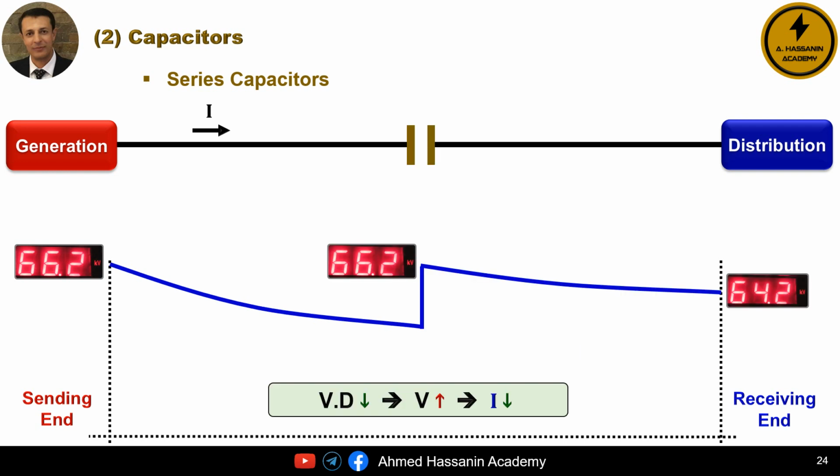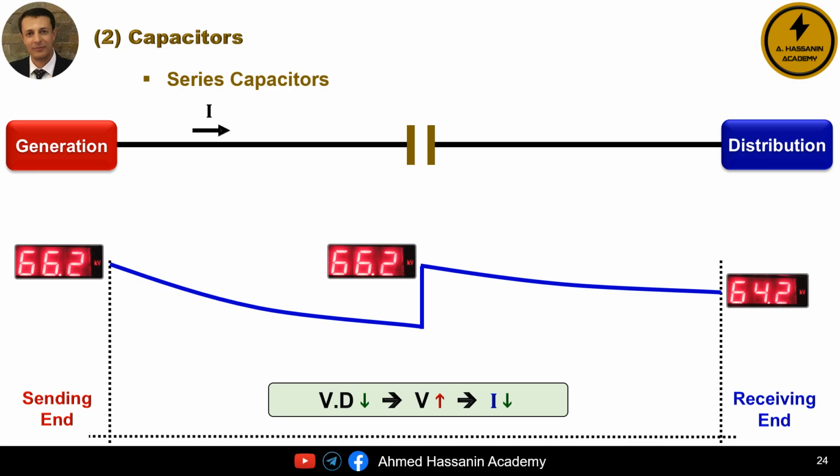Therefore, installing capacitors in series with the transmission line will lead to an increase in the voltage level. And of course, we all know that the higher the voltage, the more electrical power we can transmit through the same transmission line. The reactive power generated by the series capacitors will increase with increased loading. This naturally results in improved voltage regulation.